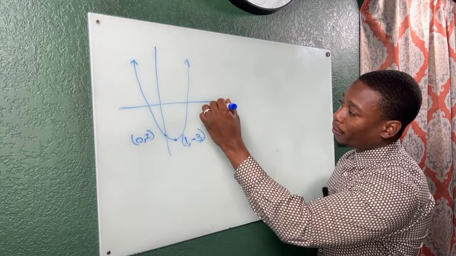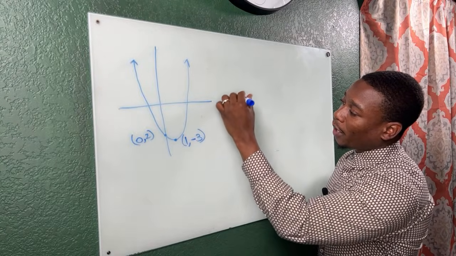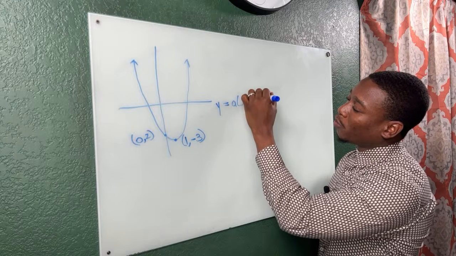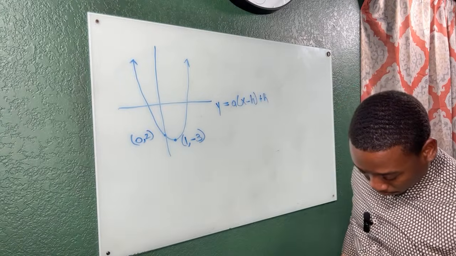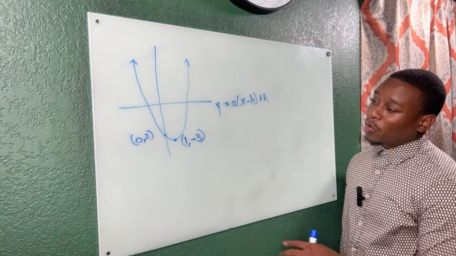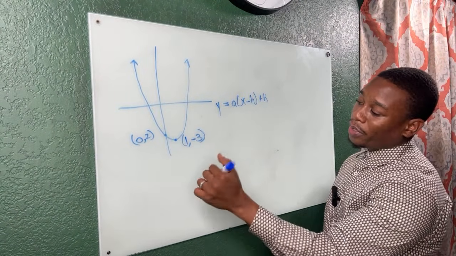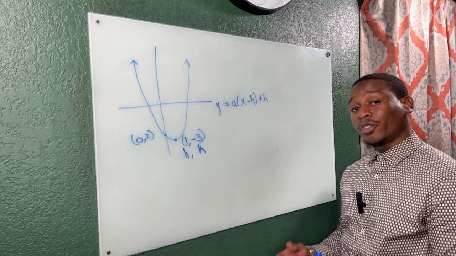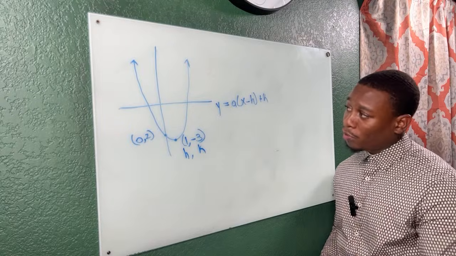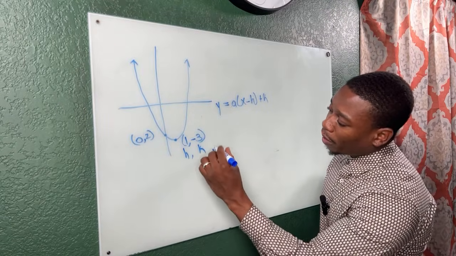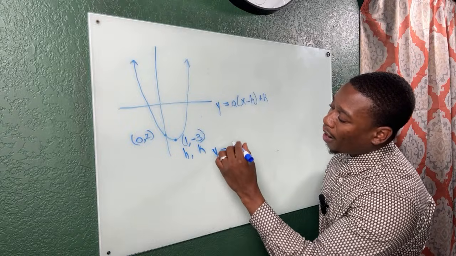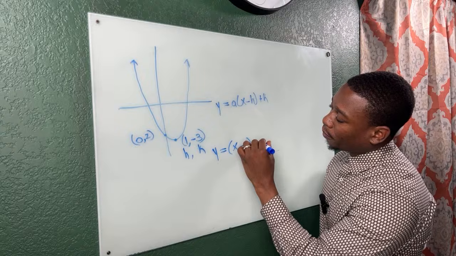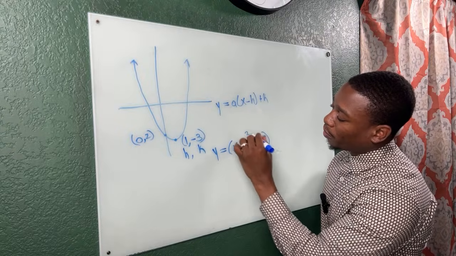If we remember, vertex form is y equals a times (x minus h) squared plus k. Let me make sure I look at that again. Yeah. So when we look at this vertex, we know that this is (h, k). And if we think about it in terms of transformations, because this is a multiple choice question, we know that our answer will be y equals (x minus 1) squared minus 3.